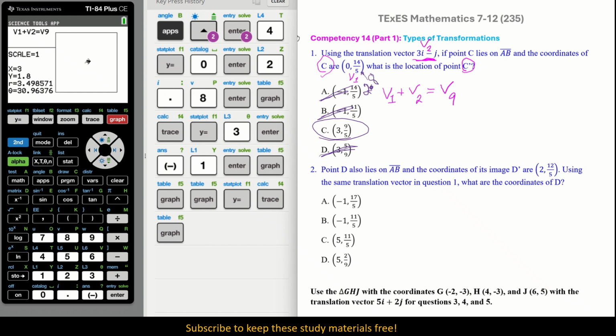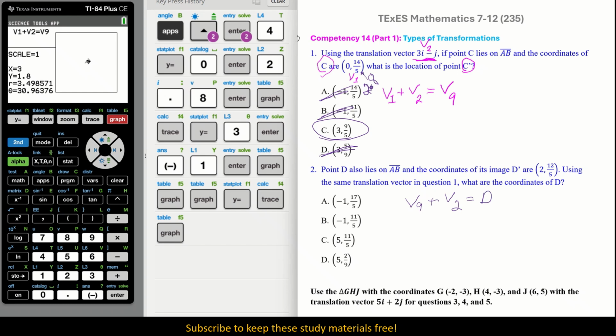So what do we need to do? Using the same translation vector in question one, what are the coordinates of D? So D would end up being our answer. So what we're going to say is V9 plus our V2 would equal our D.